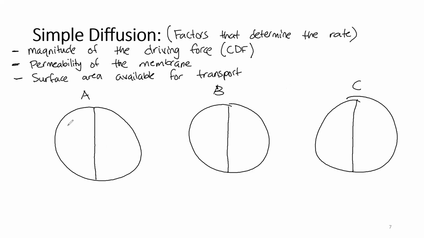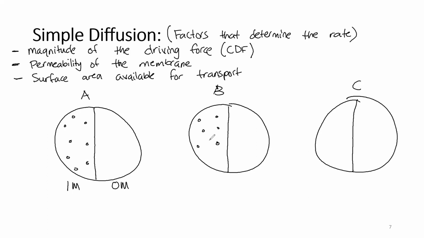So in scenario A, we've got a lot more particles dissolved on the first side and no particles dissolved here. So let's say 1 molar versus an osmolarity of 0 molar. In other words, no particles dissolved. So pure water, okay?